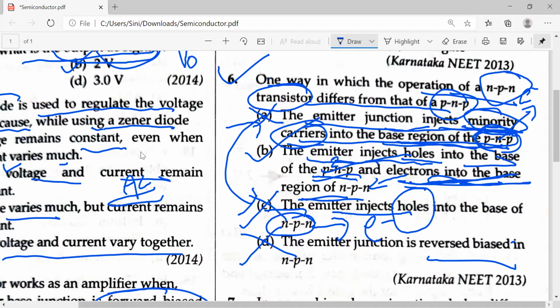Again, the third option: the emitter injects holes into the base of NPN. Again it doesn't work, it goes into reverse bias. So option D is gone. That's how we use the process of elimination, or a little theoretical knowledge. So option B is the correct answer.